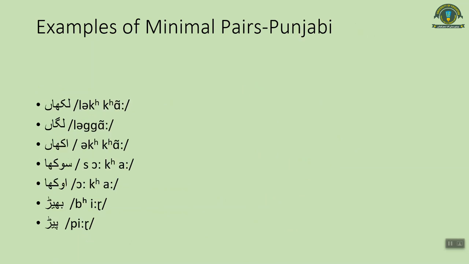Okay. Now, here are some examples from the Punjabi language. In Punjabi, I have written some words which consist of more than one syllable because I found it hard to find words which have only one syllable. So, you can try to find yours.